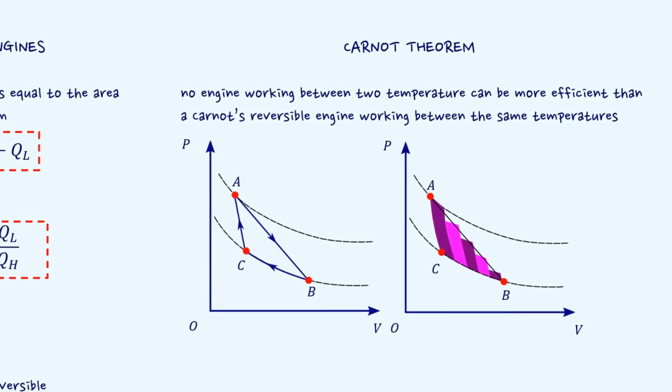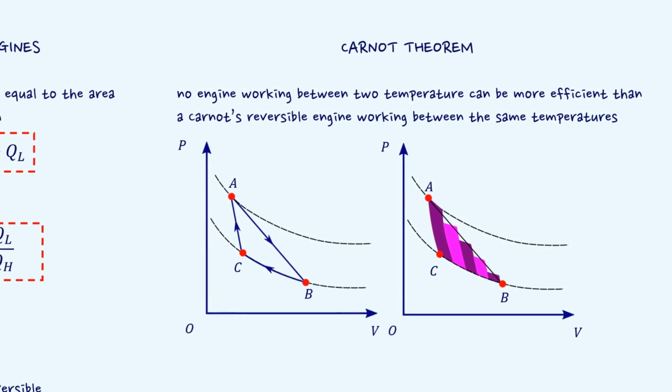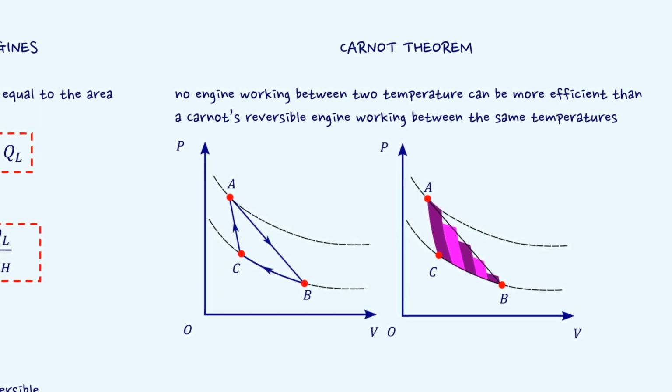The efficiency of any one of these small Carnot cycles depends upon its upper and lower temperatures. The upper and lower temperatures of any small Carnot cycle are less than those of the actual Carnot cycle. Therefore, for any non-Carnot reversible engine, eta is always less than 1 minus TL by TH.